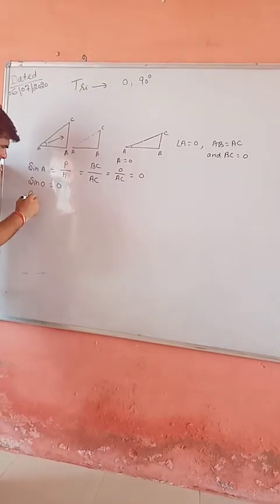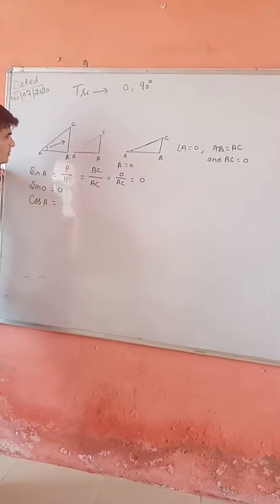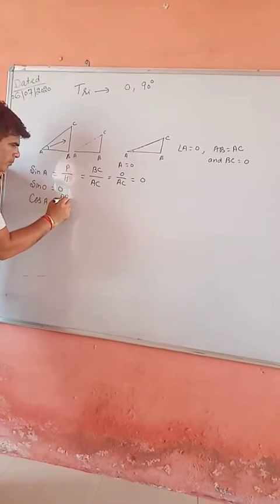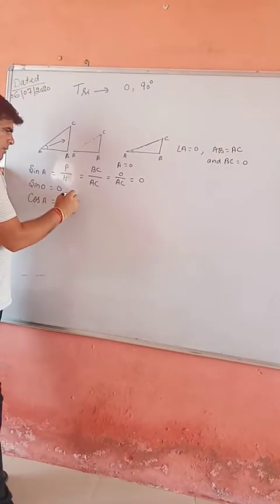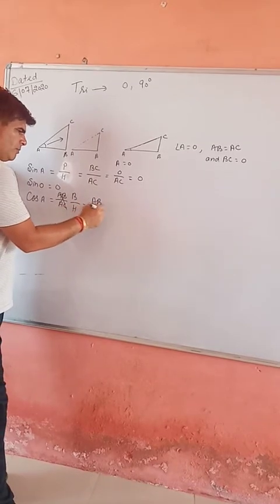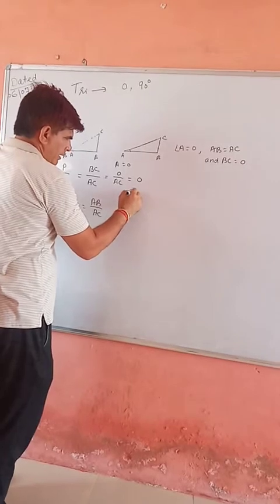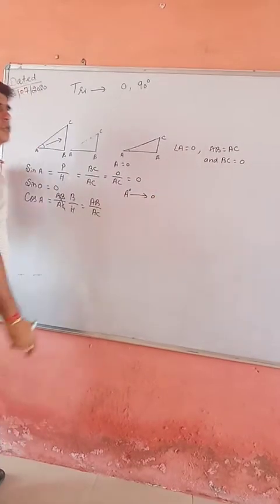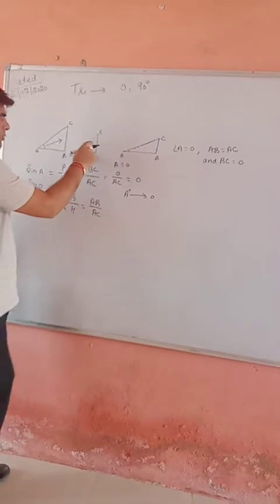0. Similarly, cos of A is equal to AB by this, or you can say base by hypotenuse. AB by this. When angle A tends to 0 or becomes 0, these both will become equal.